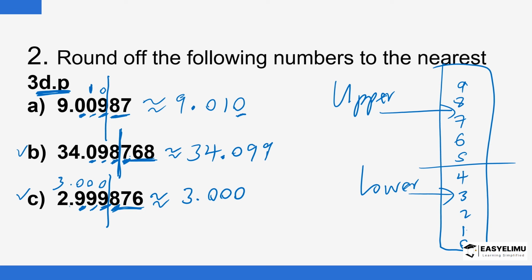If the digit after the cutoff line falls in the upper category group of digits, we increase the digit before the cutoff line by 1. And of course, remember that immediately you're done with the rounding off process, we reduce the digits after the cutoff line to zeros. If there is a decimal point, the last zeros also don't count, so we can always ignore them.